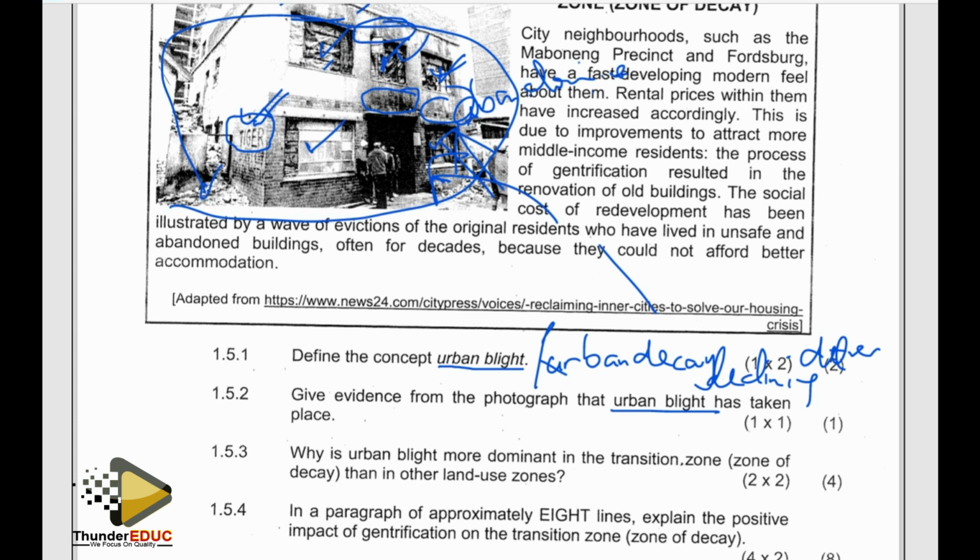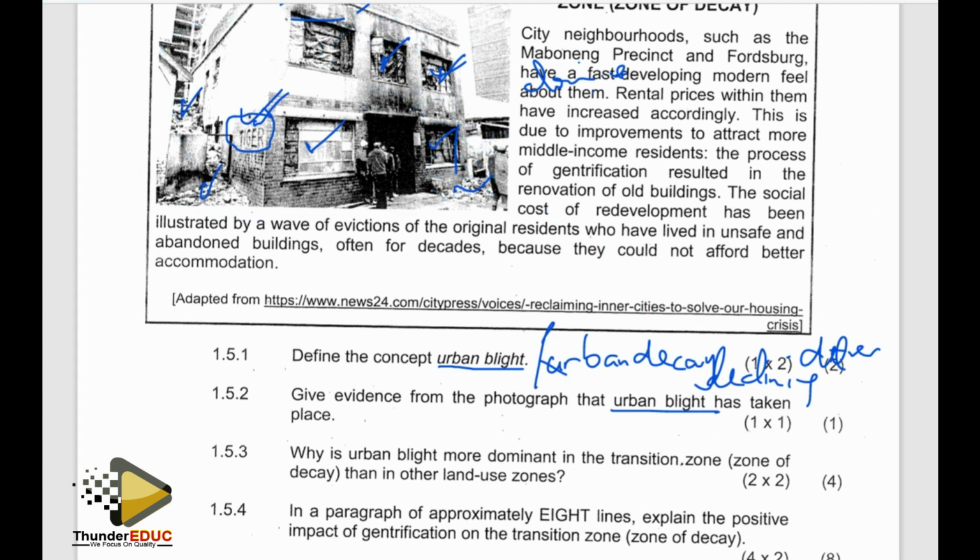And if you check around the area here, there's evidence of polluted land. There is evidence of dumping taking place there. So that is evidence of urban blight that you can see. There is every physical evidence of littering around. People just litter anyhow. They don't mind.